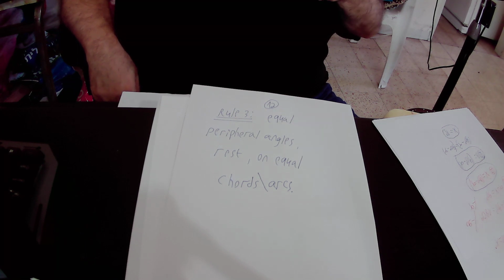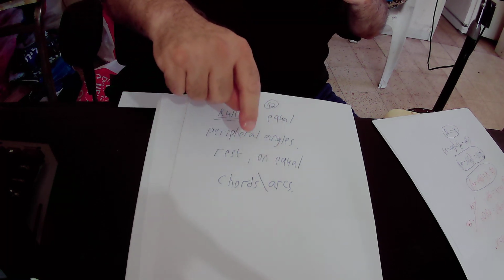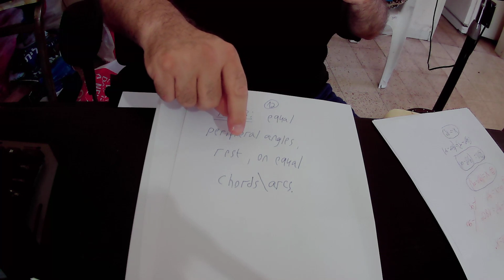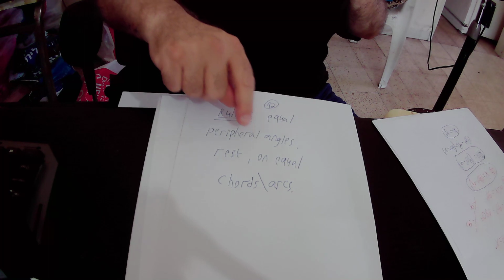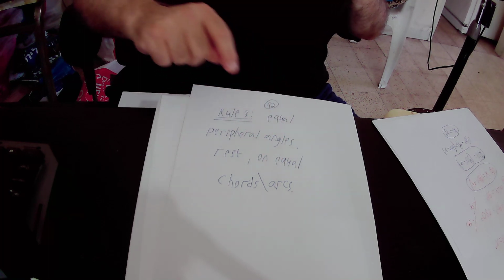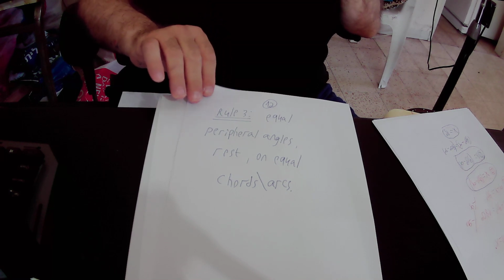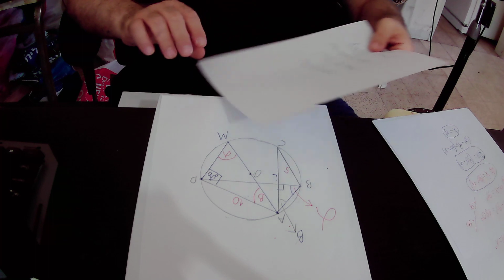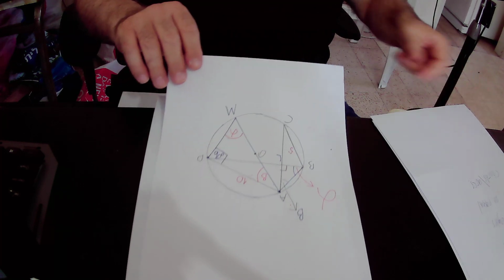Instead of "or" I use the sign slash. The slash means the word "or". Equal peripheral angles rest on equal chords or equal arcs. So in order to clarify rule number 3, I will give you an example.